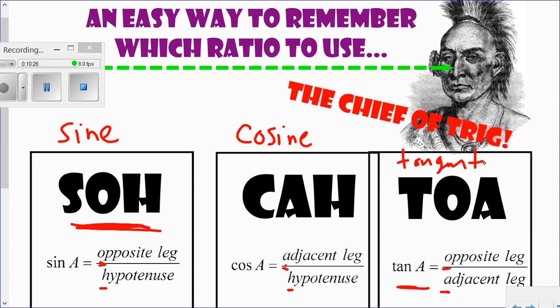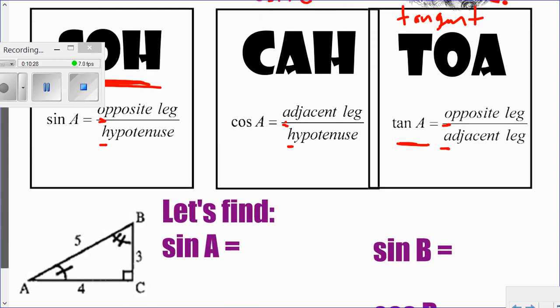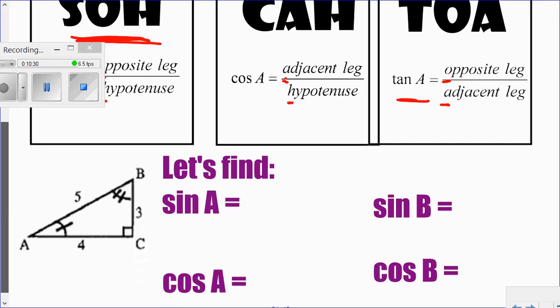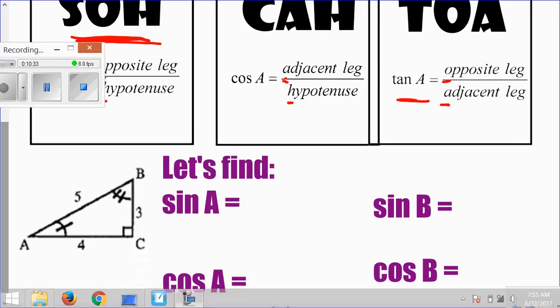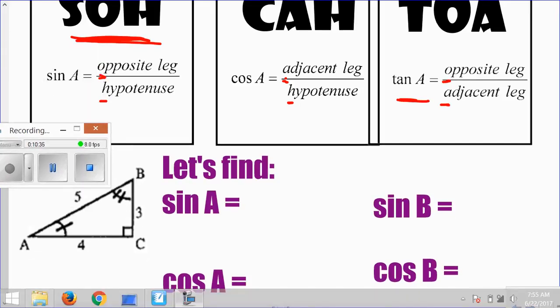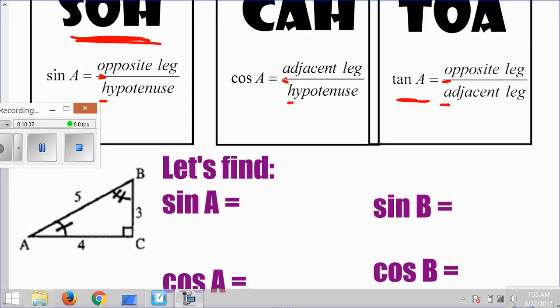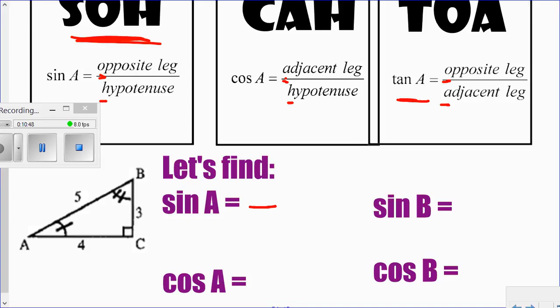So we saw tangent ratio in action. Now let's take a look at the sine and cosine. So back to our same triangle we had before. This time we're going to find the sine of A. So sine, so, is defined as opposite divided by hypotenuse. So I'm going to set up a ratio here.